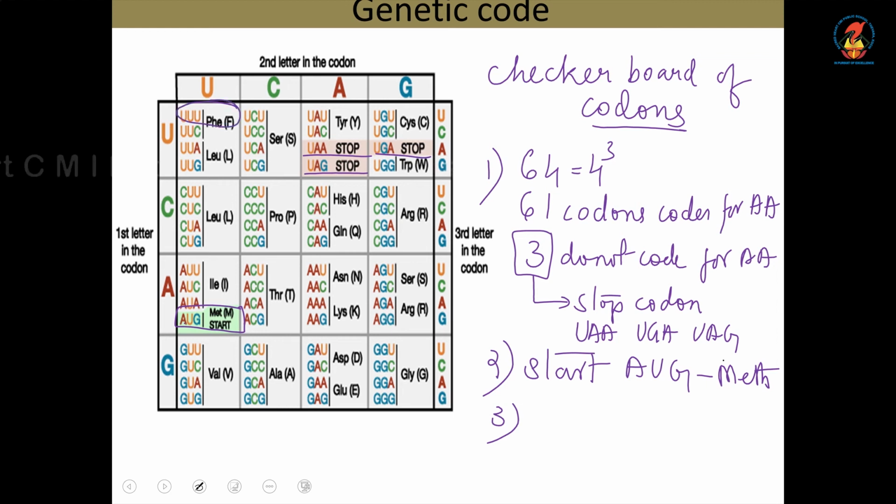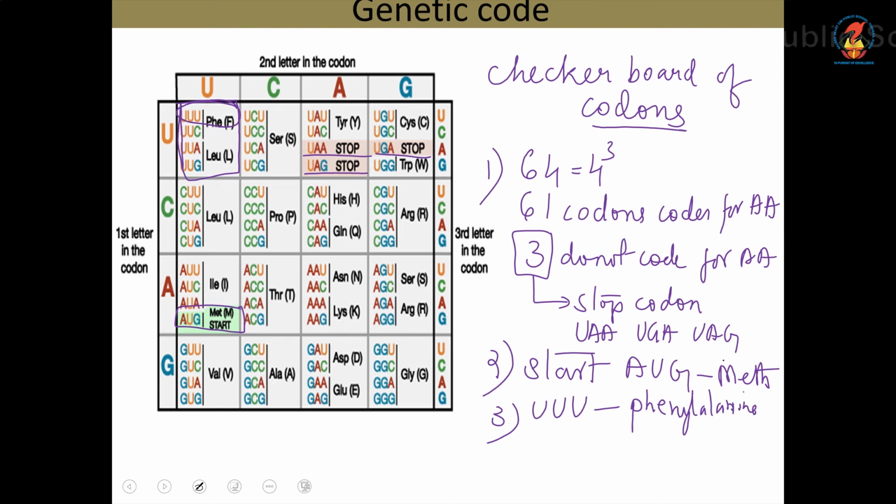Now, third feature, look here. It's easy for you to remember because it's UUU and you're looking only at the first quadrant. UUU codes for the amino acid phenylalanine, right from bacteria to man.